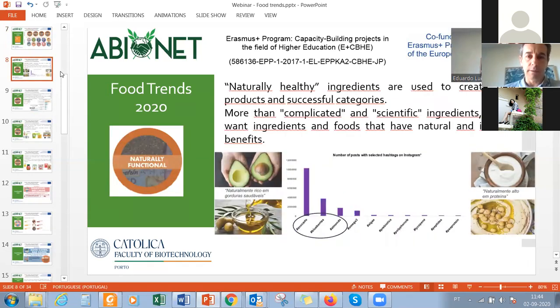Then this natural functionality, that you understand very well. What is the idea? Finding functionalities in natural products.